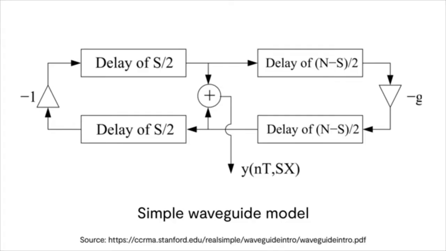And that's what those two multipliers that we have on each side of the string are for. You see that they implement literally just a sign inversion, so just a phase inversion of the waves at each extremity of the string. That's because the waves in a string are transversal waves. When the wave gets to the bridge of the string, the string is going to go up and then it's going to go down like this, right?